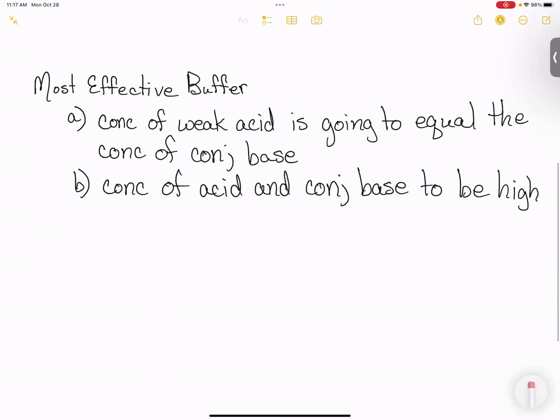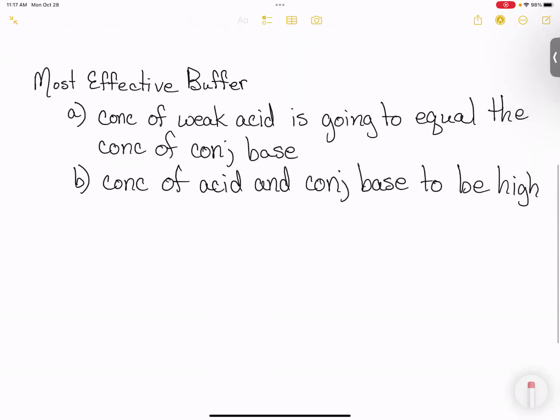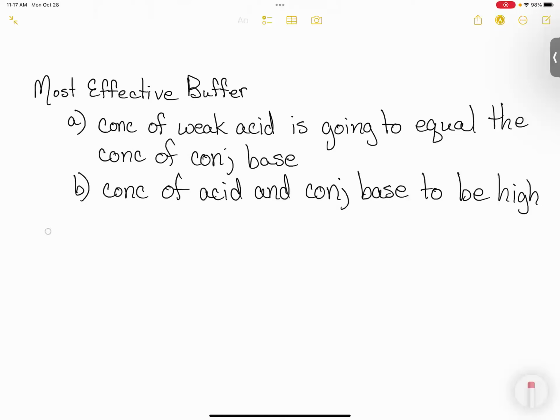The second brief thing I want to mention is the buffer capacity.